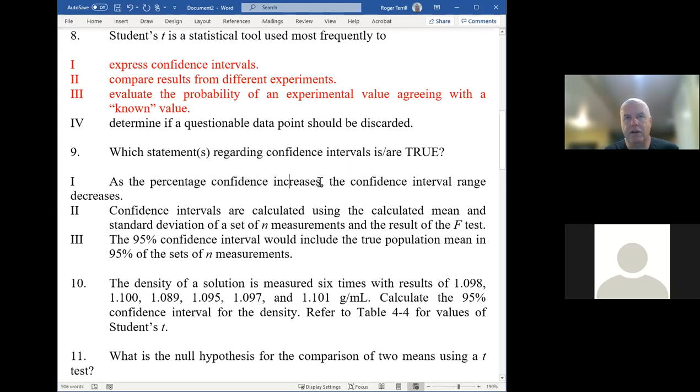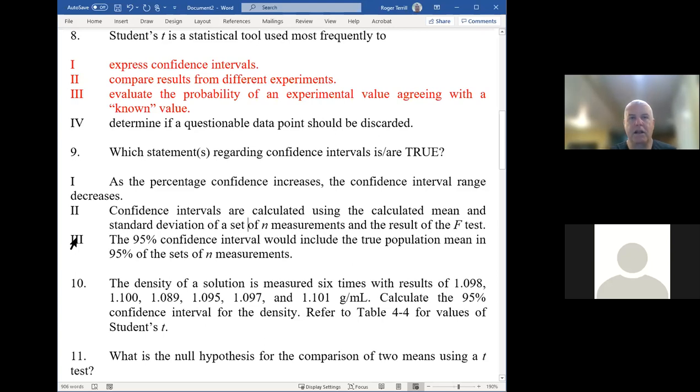And as that value increases, the range over which you can state that increases, right? So this is not true. The confidence intervals are calculated using the calculated mean and standard deviation of n and the result of the F test. No, you don't use the F test to make a confidence interval. So that's not true.